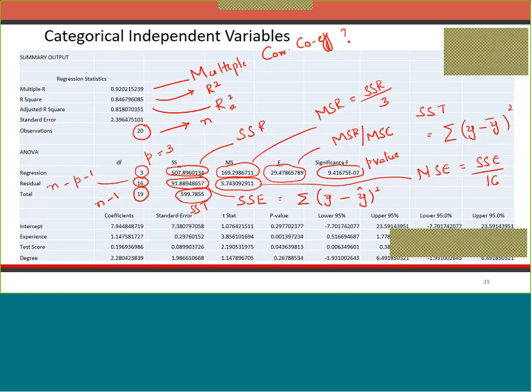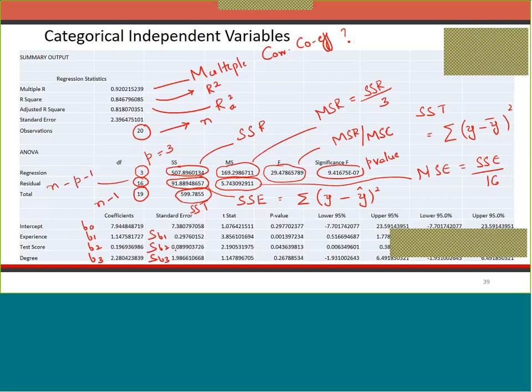Next, coming to these, this is B0, B1, B2 and B3, and these are the standard errors SB1, SB2 and SB3.